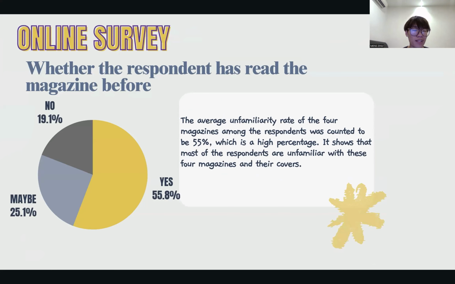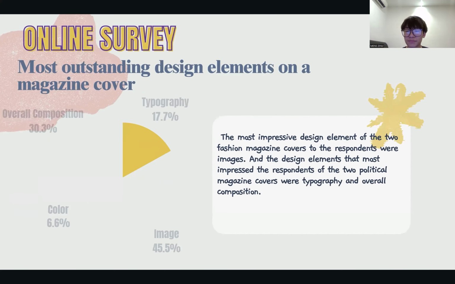So this is about whether the respondent has read the magazine before. The average unfamiliarity rate of the four magazines among the respondents was counted to be 55%, which is a high percentage. It shows that most of the respondents are unfamiliar with these four magazines and their covers.